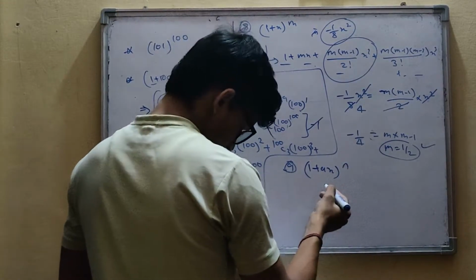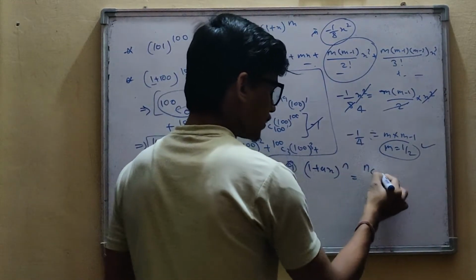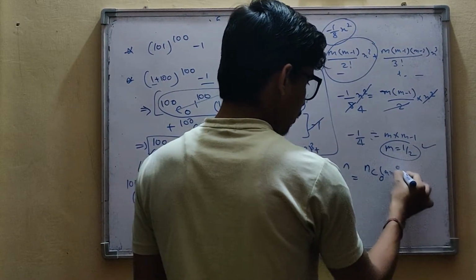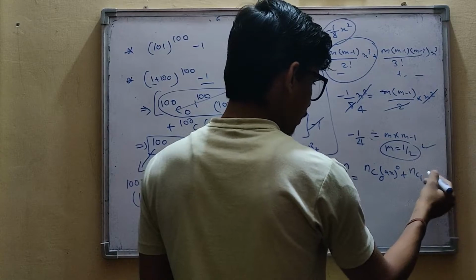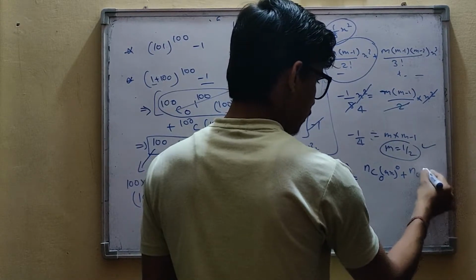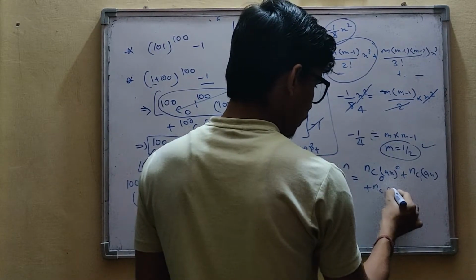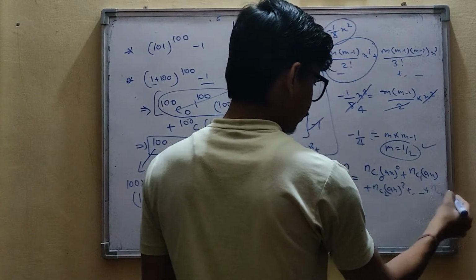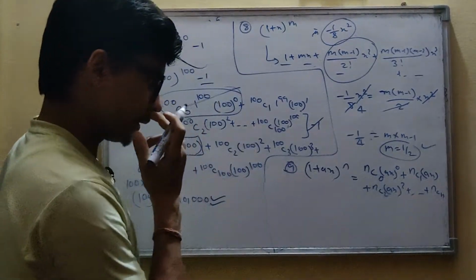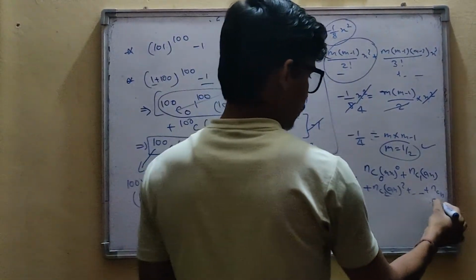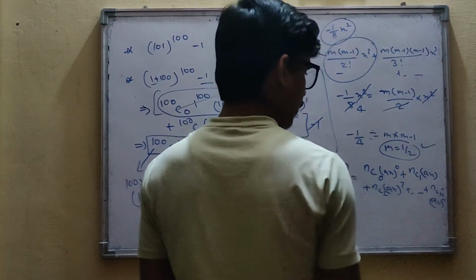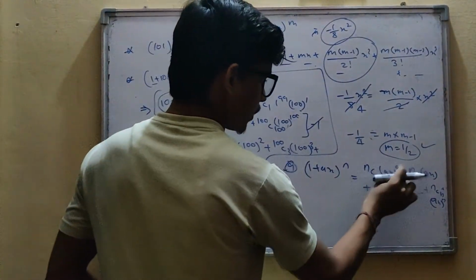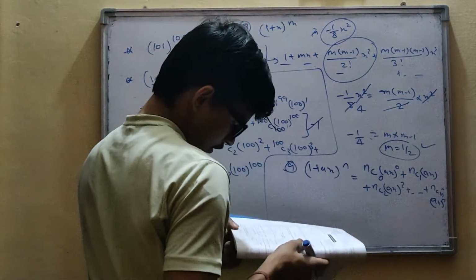If I expand it, it is going to be nC0 into (ax) to the power 0, plus nC1 into ax, plus nC2 into (ax) square, plus and so on, till nCn into (ax) to the power n. Now the first three terms are given. So the first term is 1.